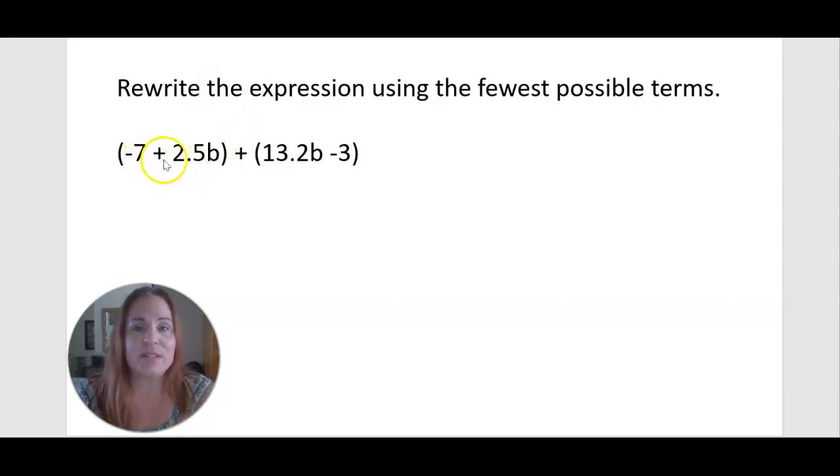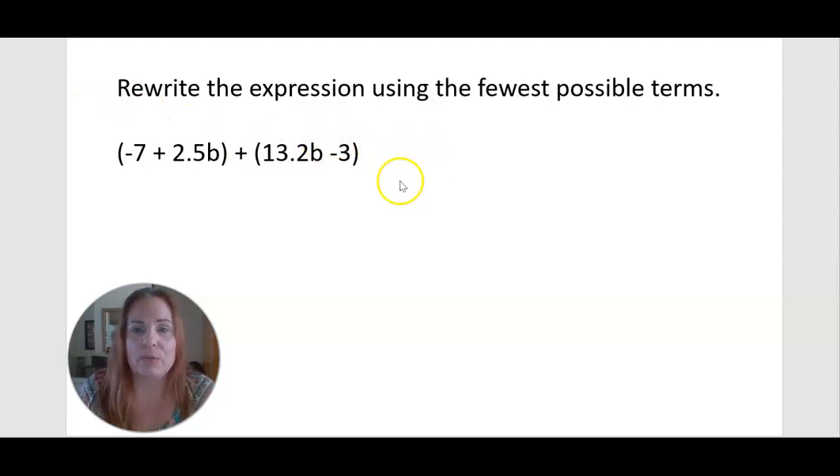So we have this expression, and we are asked to rewrite it using the fewest possible terms. So my first step is going to be to rewrite this expression without the parentheses. Now, since these two parentheses are being added together, I can just rewrite them without the parentheses.